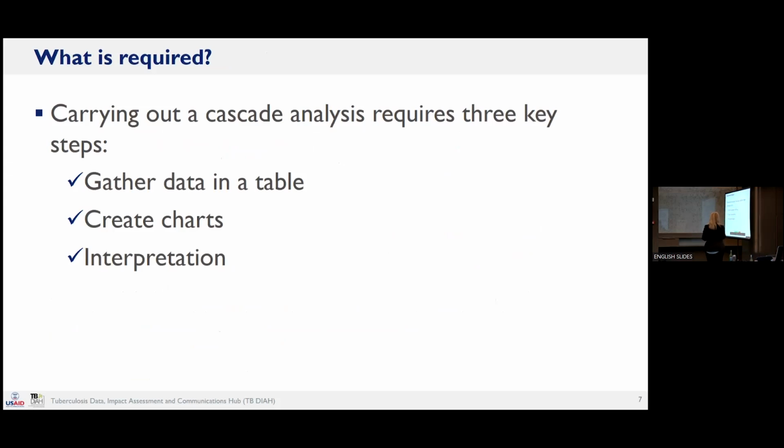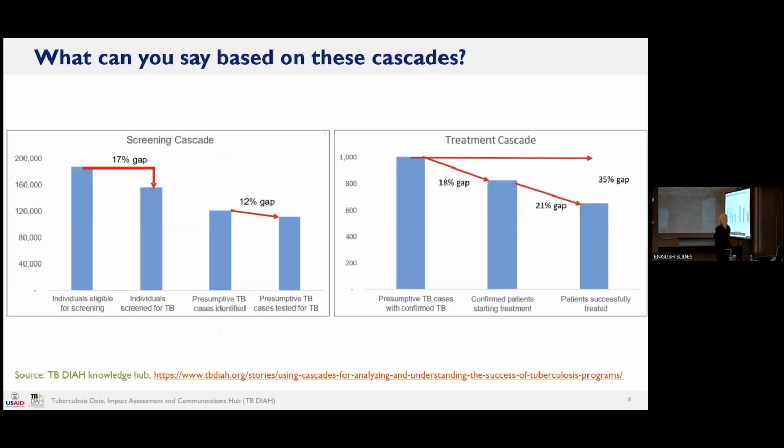Now, what is required to do the cascade analysis? First of all, we need to gather and compile the data in the table, and we will need to create these diagrams or charts, and then we need to interpret it. For instance, we have two examples of cascade analysis.